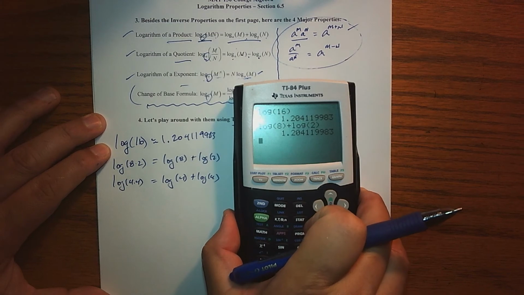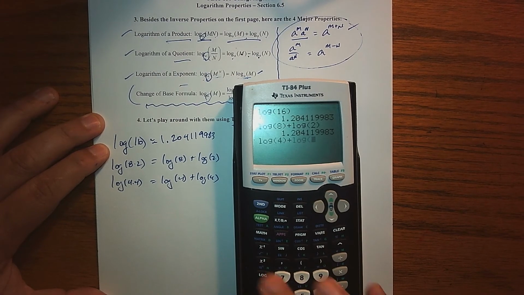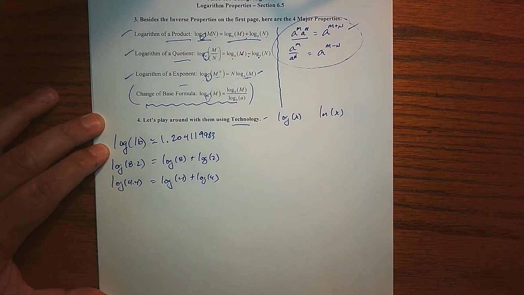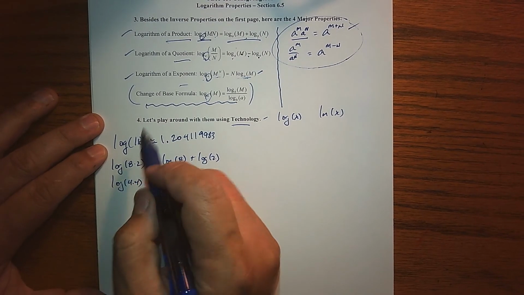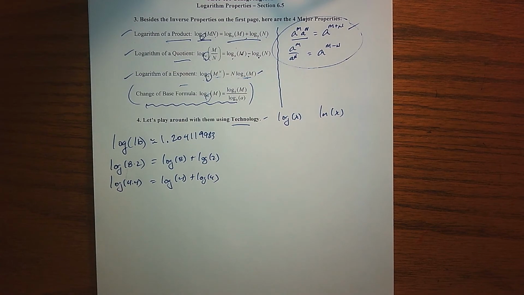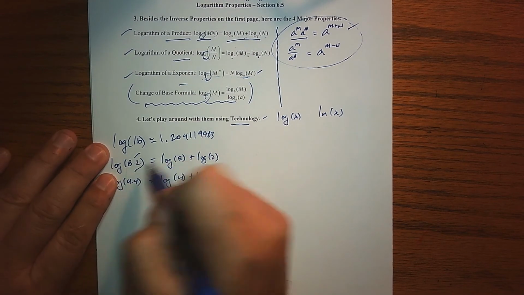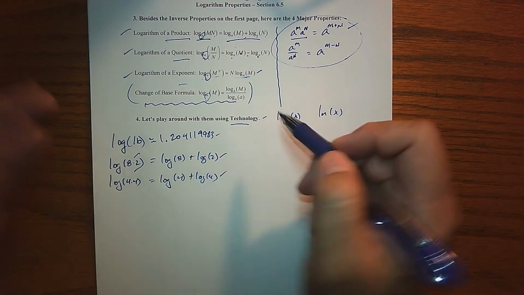And so again, using my calculator, the log of 4 plus the log of 4 equals the same thing. So are there other ways to come up with 16? Yeah, but it turns out that we've, with technology, verified that if I have a product and I break it up into a sum of logarithms, I get the same result.